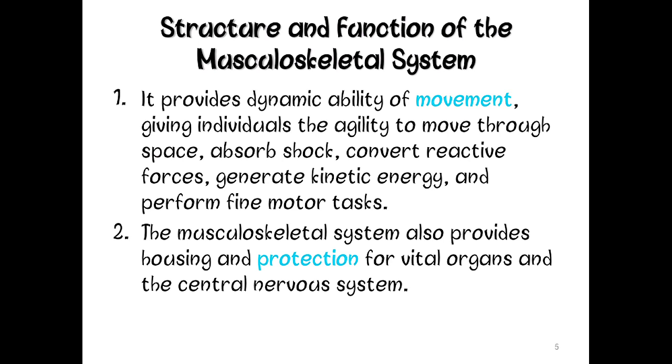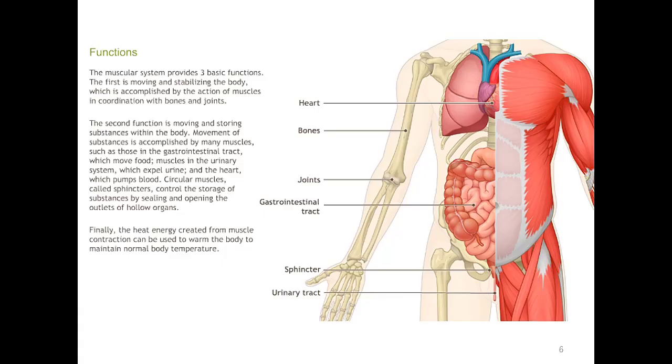Now let's talk about the other three basic functions. So these are moving and stability. Basically, they allow us to have a balanced posture whenever we are walking or standing. Then the second function is that they help us in moving and storing substances. This function is achieved when a lot of muscles in our body act together, and these systems also have a specialized muscle known as a sphincter.